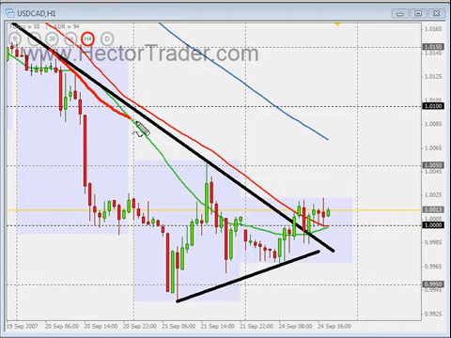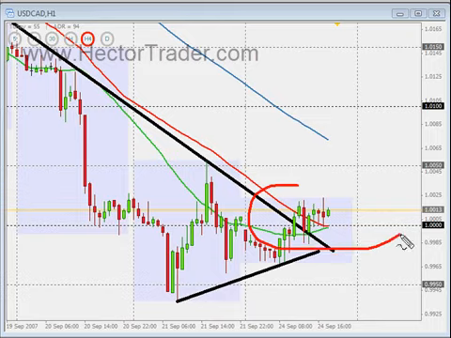All I know is that my trade plan, which is a breakout of this triangle to the downside, is actually being violated as soon as price broke to the upside right there, and as soon as I got this moving average crossover.